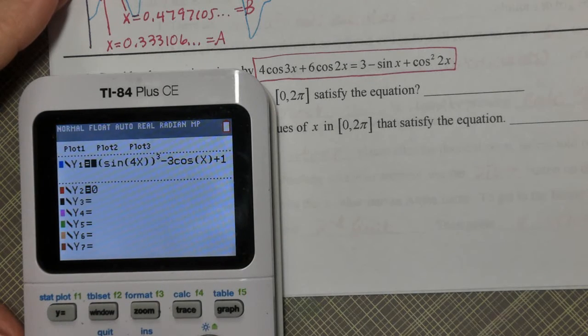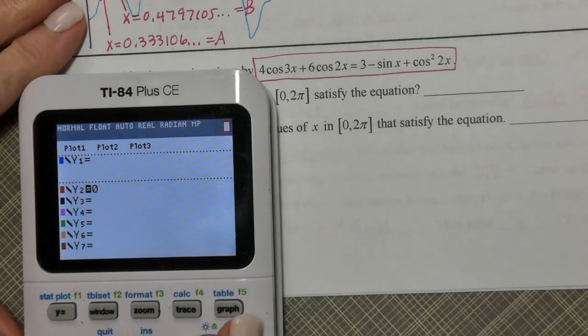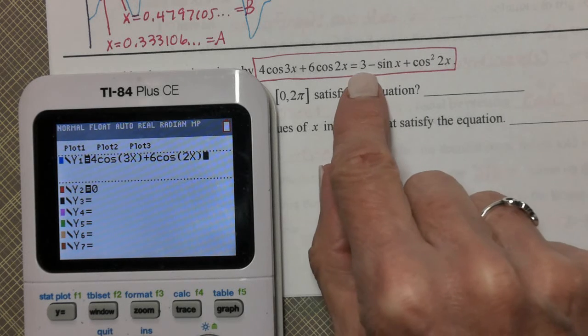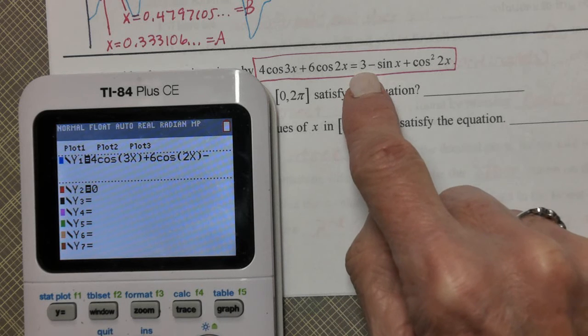So I'm going to go to my y equals, clear what's there. 4 cosine of 3x, close parentheses on the 3x, plus 6 cosine of 2x, close parentheses on the 2x. I need to bring the 3 to the left, so it'll be a minus 3.